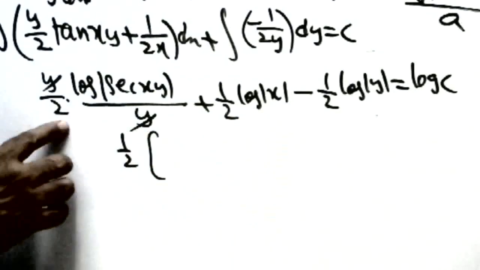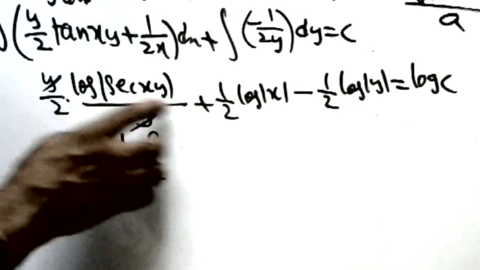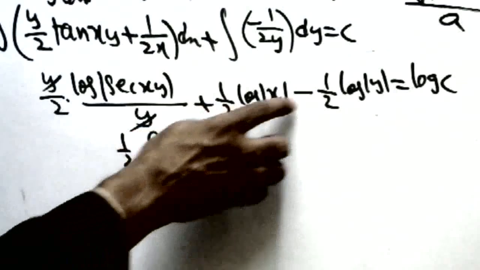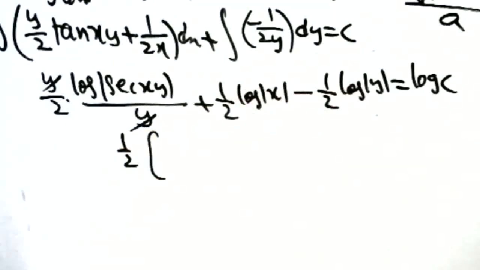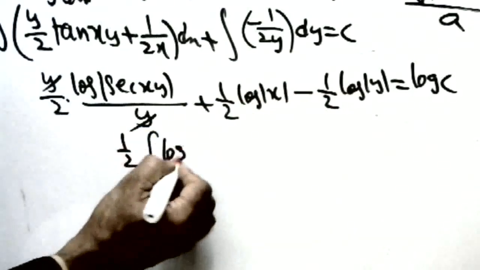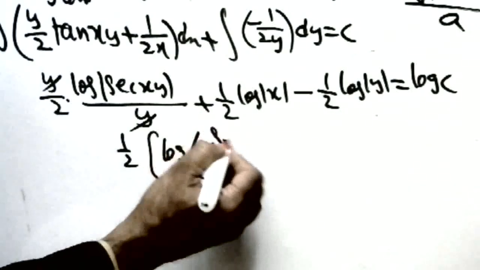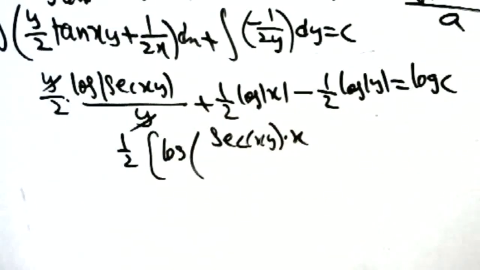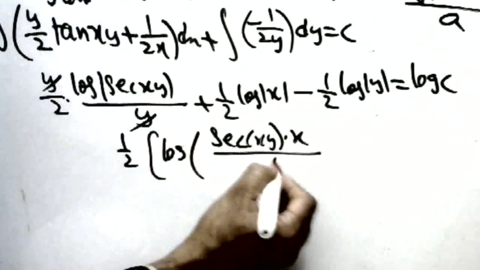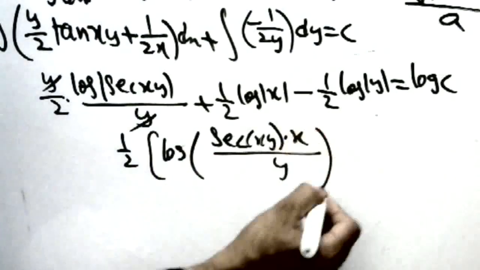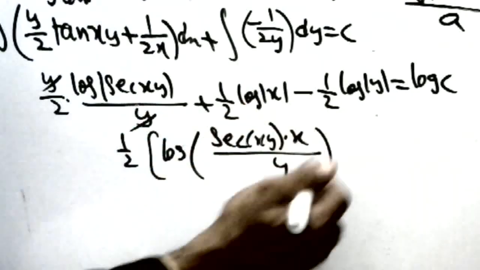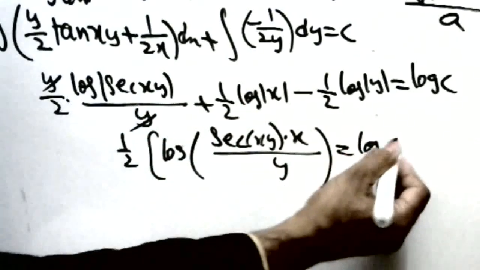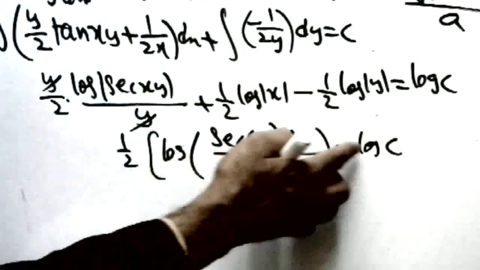Because we have taken 1 by 2 common, what is left here? Log, suppose this is A, plus log B minus log C. This will become log of AB by C. AB means secant xy into x, divided by y, log AB by C equals to log C.